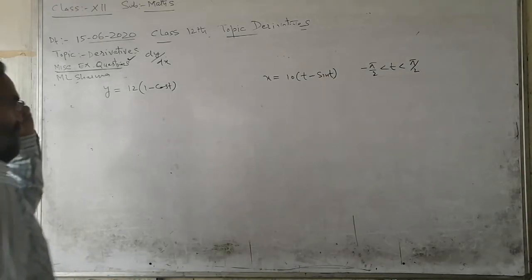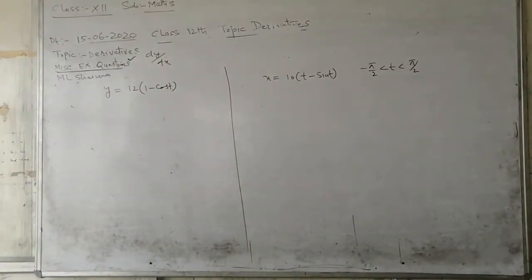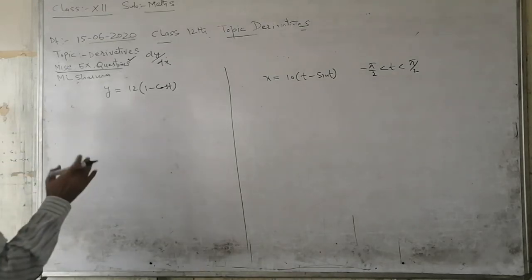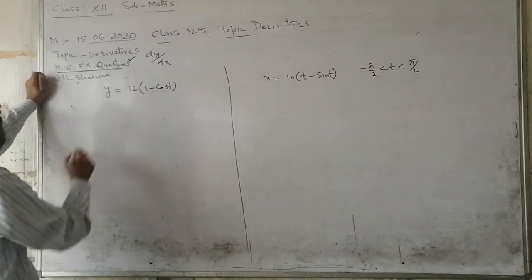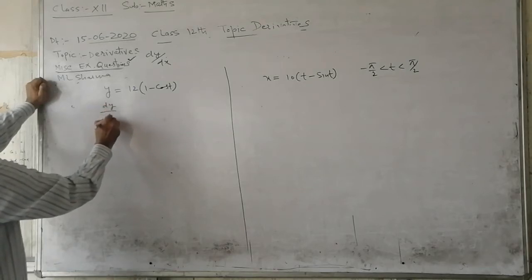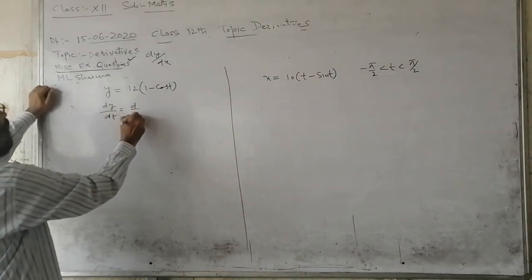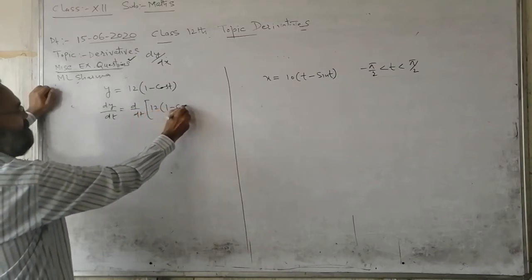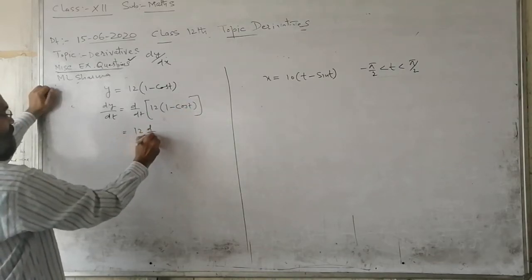So this is the case of parametric differentiation. One exercise I have already solved. There were 5 to 6 questions in that exercise. So this is a question of parametric differentiation. If I differentiate this with respect to the parameter t, this will equal d upon dt of, this is a constant, 12 can be taken outside.